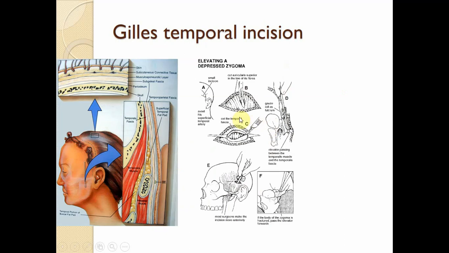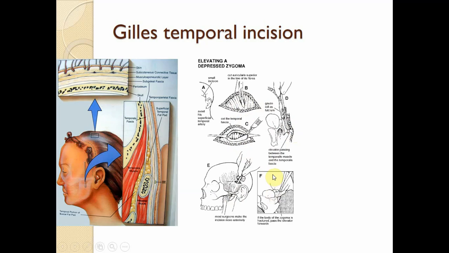Gillies is the most common, where we make the incision in the temporal region, preserving the layers: superficial temporal fascia, deep temporal fascia, and the temporalis muscle. In between the temporalis and the deep fascia, we insert the periosteal elevator or Gillies or zygomatic elevator. Pass it, go to the inner side of the zygomatic arch and push it. Then only can you reduce the zygomatic arch fracture.